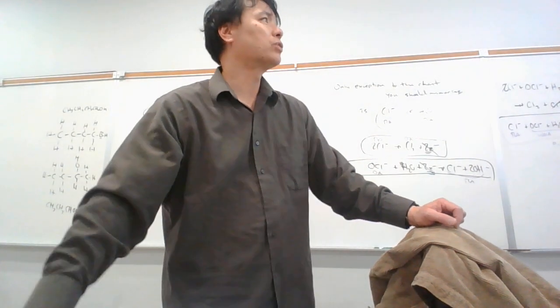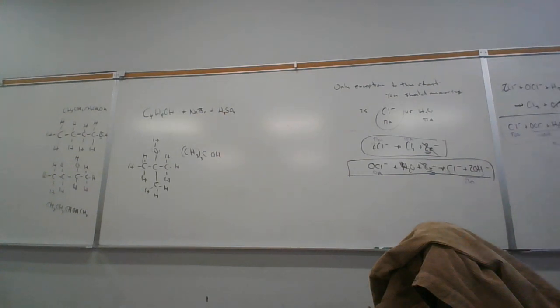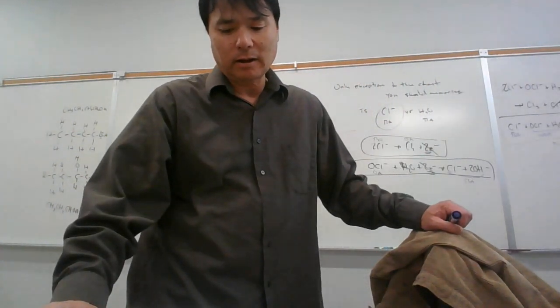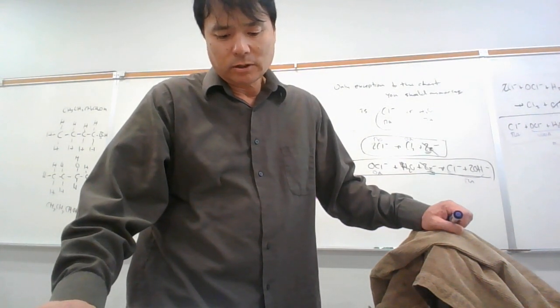But anyway, this is stoichiometry, so we just have 3 reactants, and this is a limiting reagent, so we have one additional thing to calculate. Is that balanced? No, that's not balanced. So one thing is we got to balance that reaction, and then we do the stoichiometry for that.